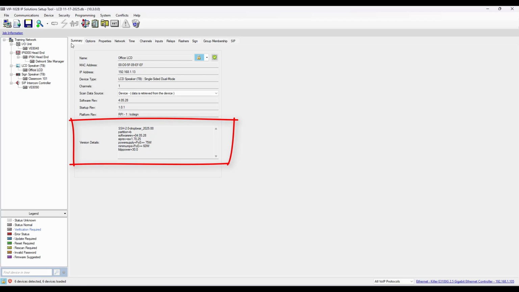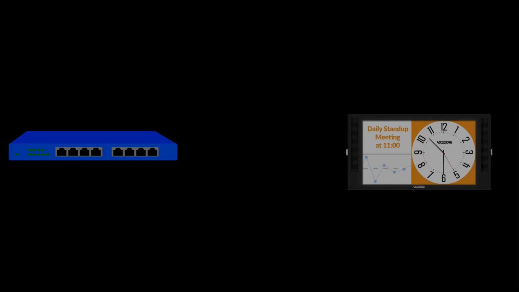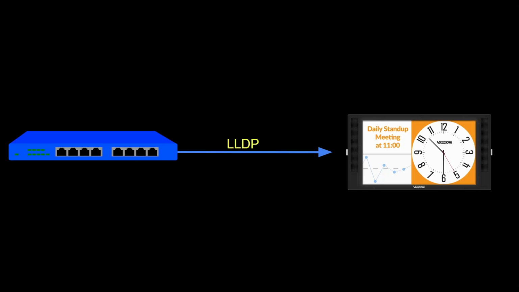However, the tool does not tell the device how much power it's actually being supplied. Here's why that's important. Most modern network devices use something called LLDP, or Link Layer Discovery Protocol, to tell other endpoints what their capabilities are. One of the capabilities that a PoE switch would send via LLDP is the amount of power that it's supplying.